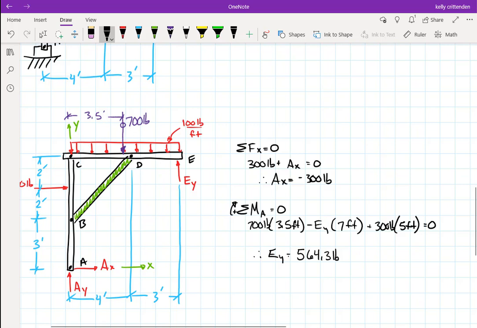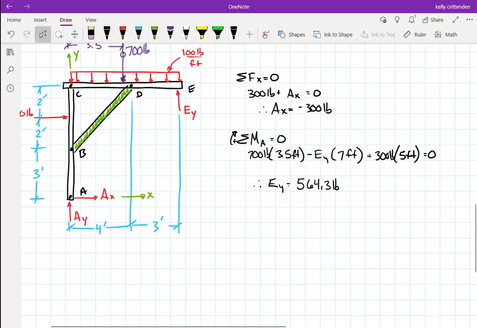So then we can do maybe forces in Y or moments about E. Probably simplest to just do summation of forces in Y. We can also use that lumped 700 pounds here. There's no reason to use the distributed load for this. So 700 pounds, actually that's going to be a negative. Let's do a positive first.